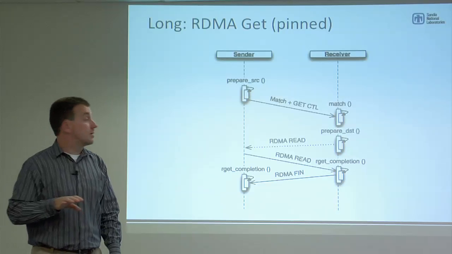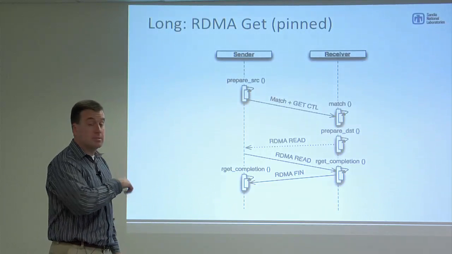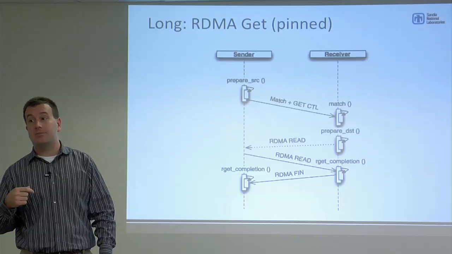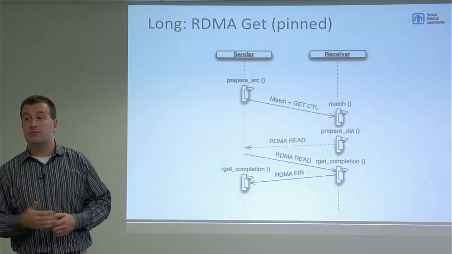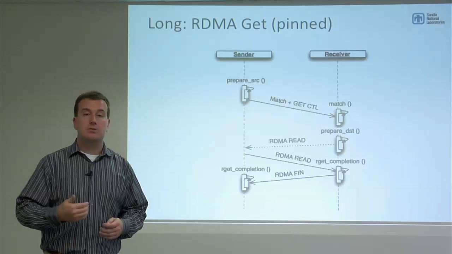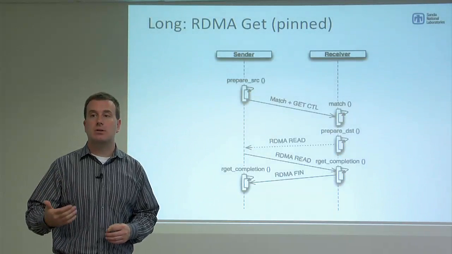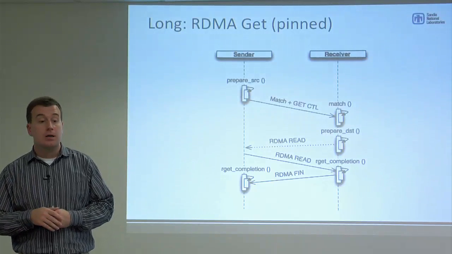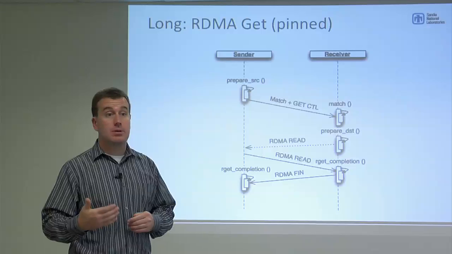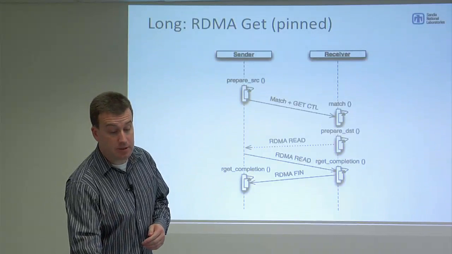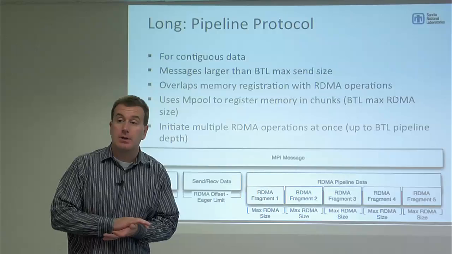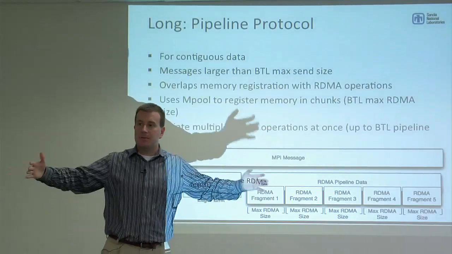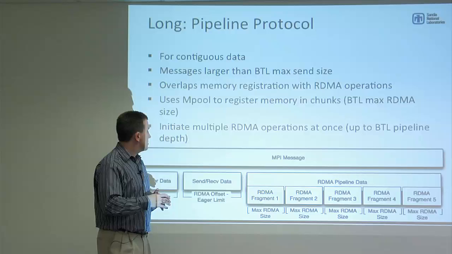Now I said earlier that prepare source and prepare dest can actually have a fairly long latency, right? Calling those functions may actually take longer than it would take to send the data. And so we have another protocol that the PML uses called the pipelined protocol. What we do is break this big message up into a whole lot of small messages.